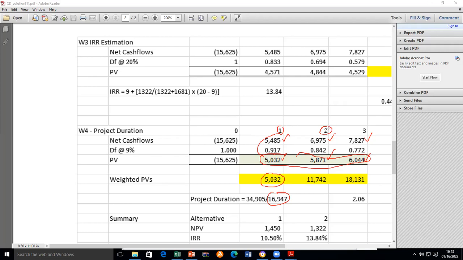You add up, and you're going to find 34905. So project duration is 34,905 divided by 16,947.